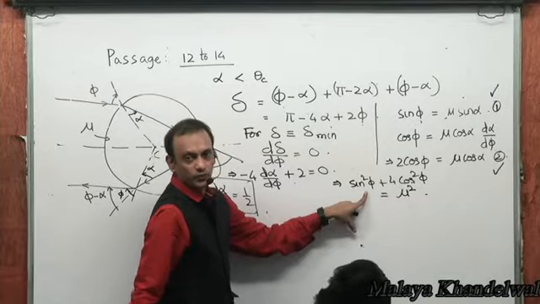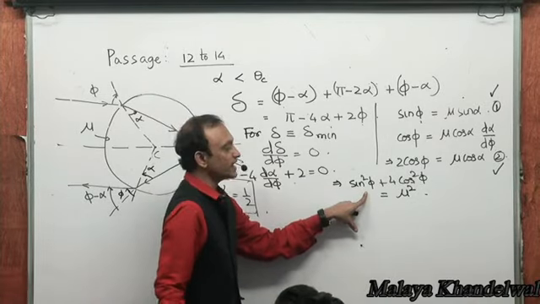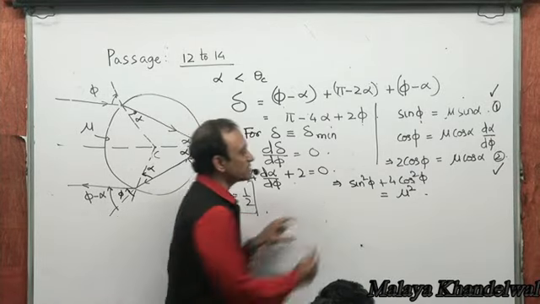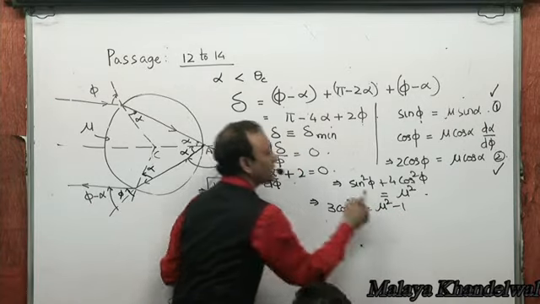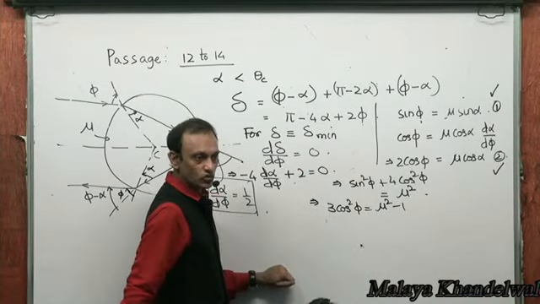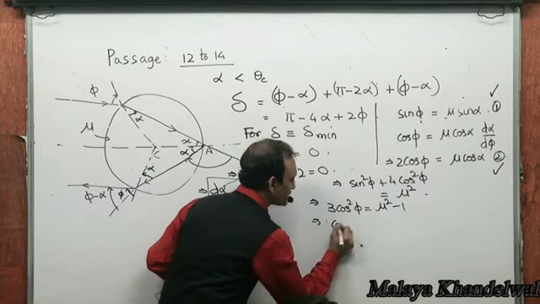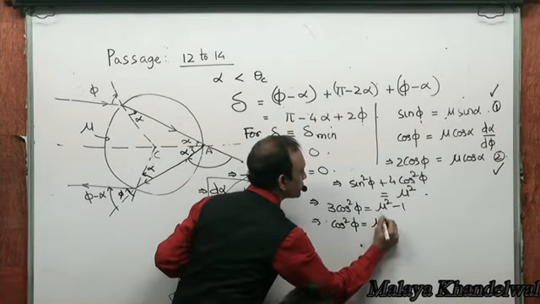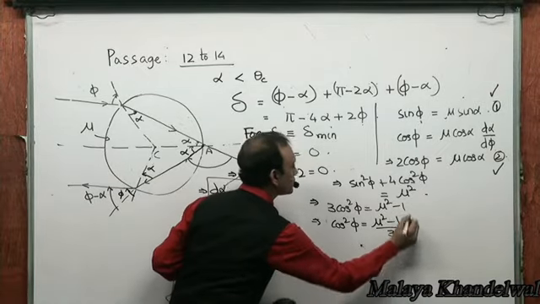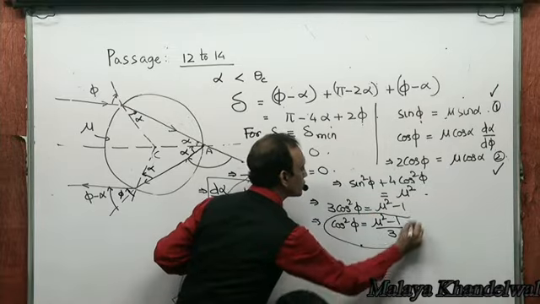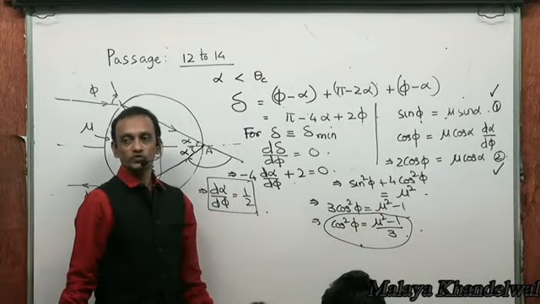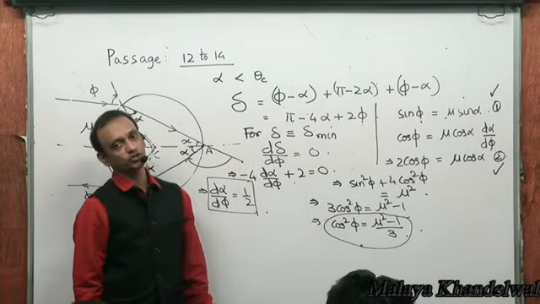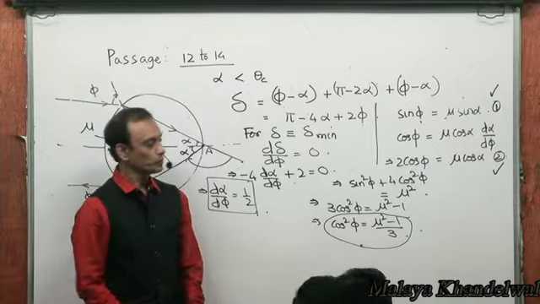Write sine squared phi as 1 minus cos squared phi. So you get 3 cos squared phi is mu squared minus 1. So cos squared phi is mu squared minus 1 by 3. This is what happens. Yes or no? Right?